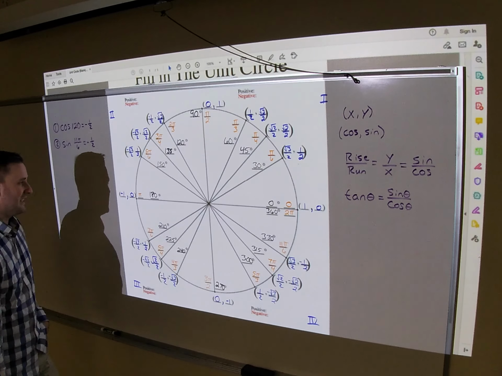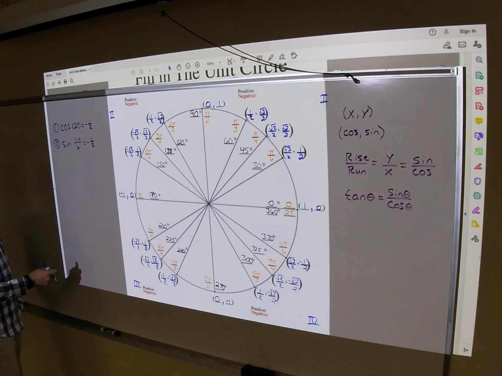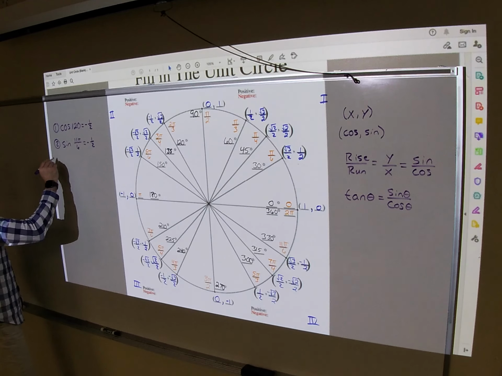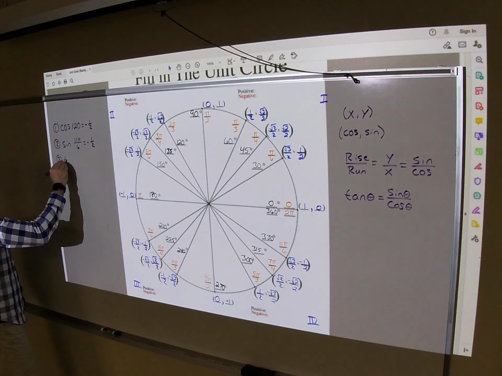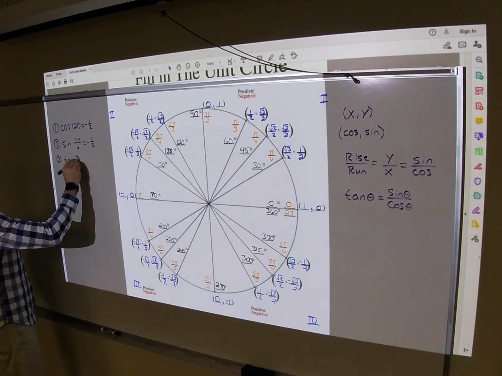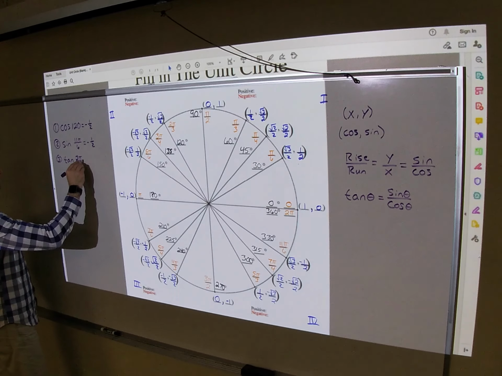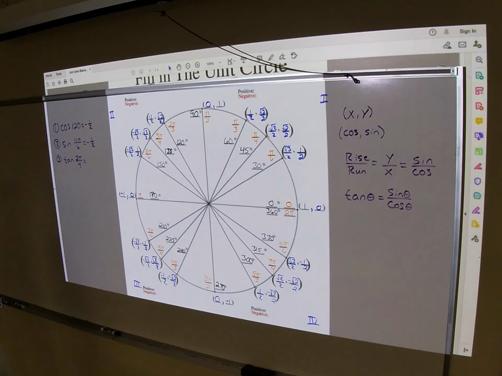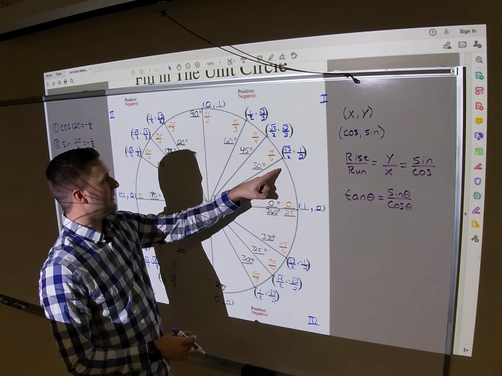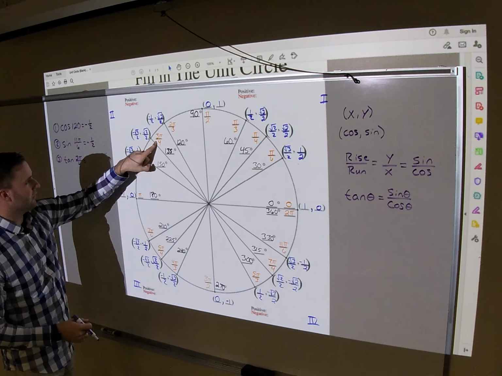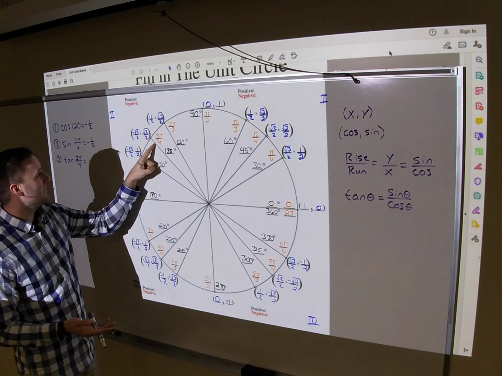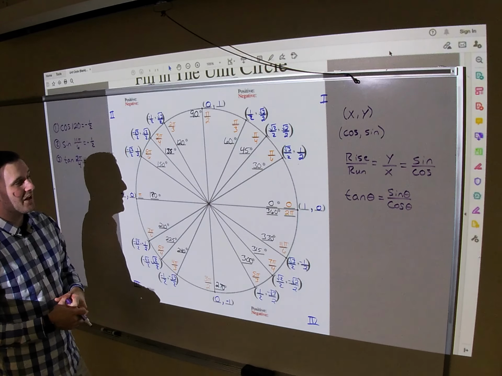Let's do a practical example. So for example, let's say I wanted to find the tangent of 3 pi over 4. I wanted to know the tangent of 3 pi over 4. So I'm dealing with radians, so I'm looking at my orange. Here's 3 pi over 4. So tangent of 3 pi over 4, given this coordinate point, how do I find that?